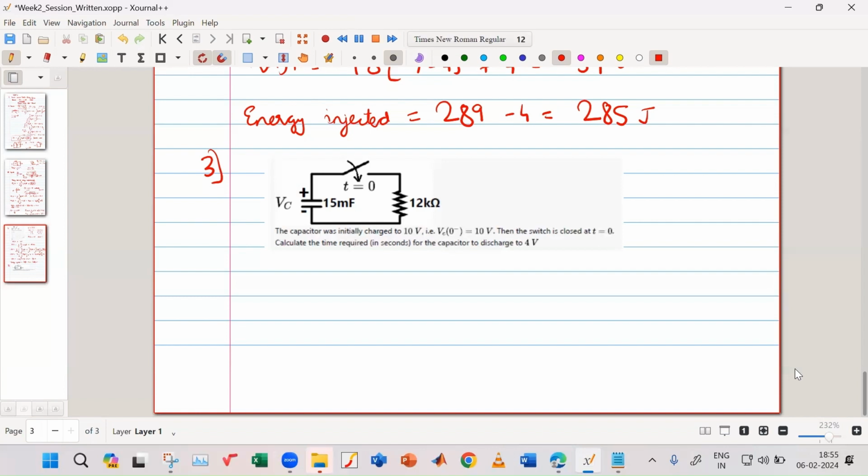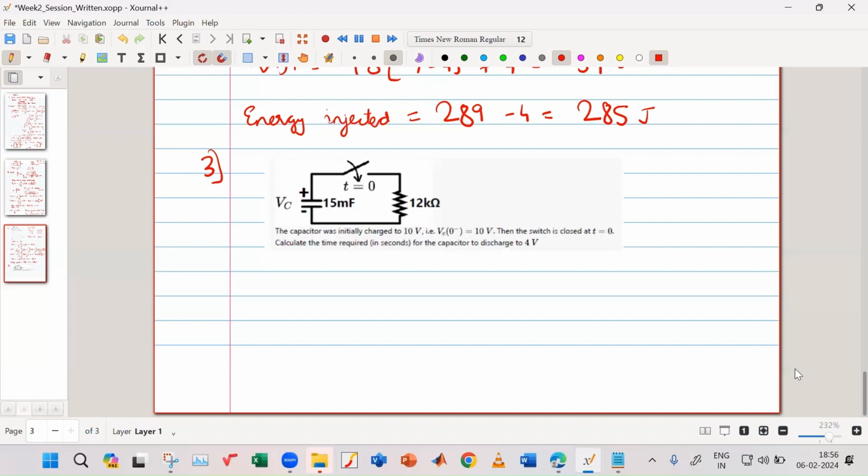So when the switch is closed, we are using an RC circuit. From the time of discharge, we are using the discharging equation of the capacitor. Okay, and what is that equation?